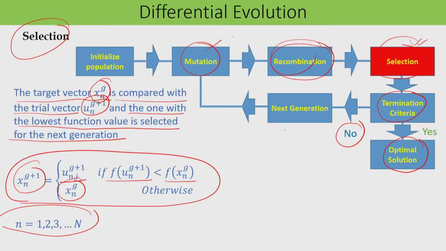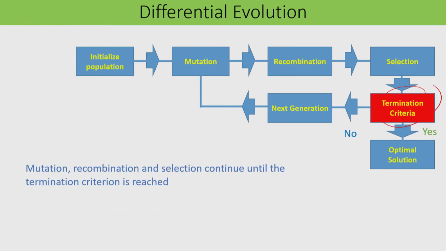So, this iteration process will continue till the termination criteria is satisfied. Okay. And once it is satisfied, then you will declare the optimal solution. So, mutation, recombination and selection will continue until the termination criterion is reached.